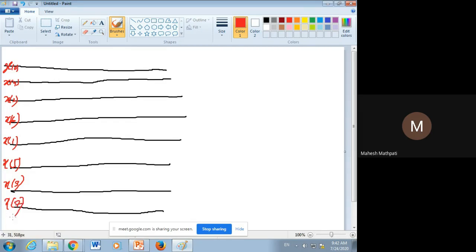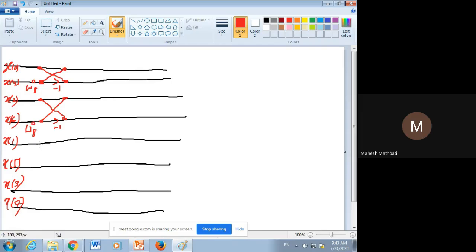X of 7. Okay, so first I think we have calculated the first point value, where this is multiplied with minus 1, and here it is W8 0. Likewise we have the second points also. Please complete this diagram, then we'll calculate the values.